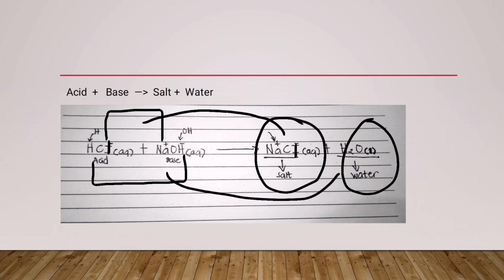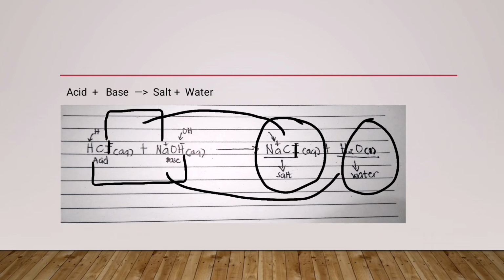So it should be NaCl, or the sodium chloride. So we will put aq here because sodium chloride is soluble in water. And we put l here in the H2O as the liquid form.